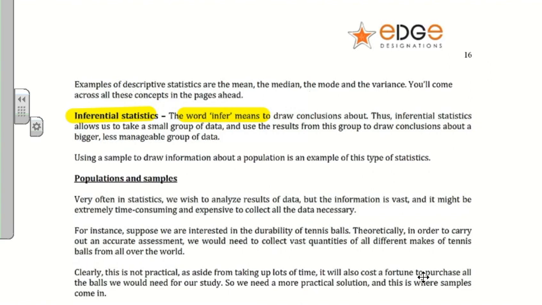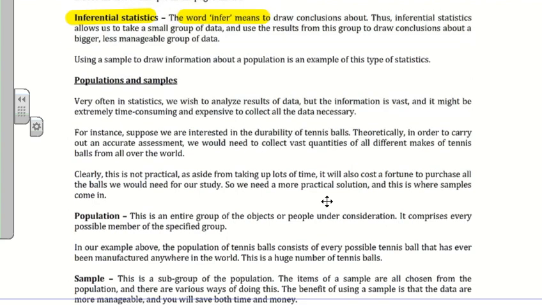A lot of what we do here, guys, you've just got to get a little bit used to in terms of the notations, how we write things. For example, here you've got populations and samples. Whenever we deal with the size of a population or a sample, that's always denoted by an N. For a whole population, we denote that by a big N, and for a sample, by a little n.